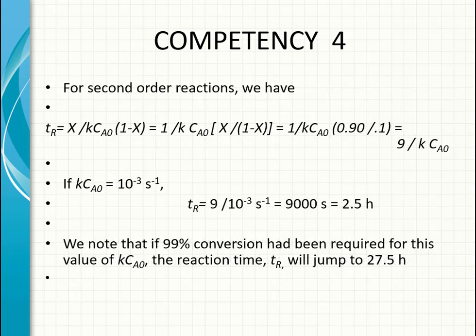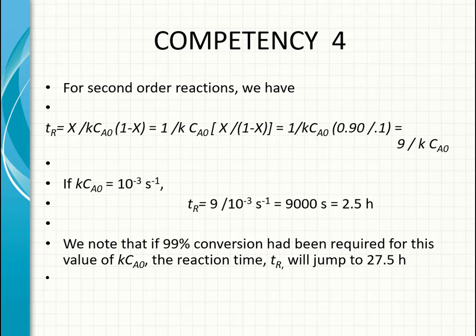And for a second-order reaction, the equation for tR is a bit different, and is equal to X divided by k Ca0 times (1 minus X). If we substitute the same value X equals 0.9, we get that tR is 9 divided by k Ca0.